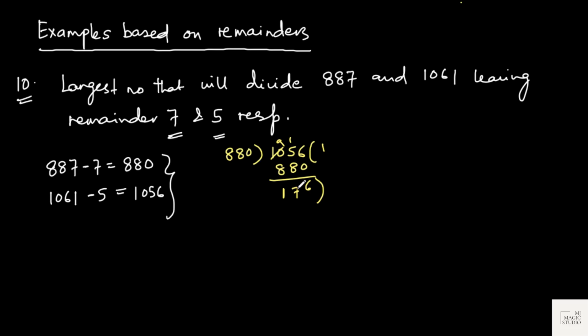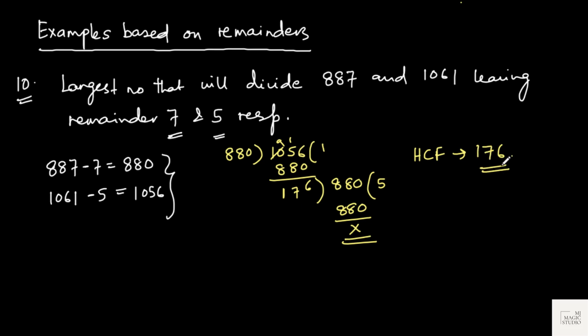Now divide 880 by 176. It will go 5 times. That means the HCF of these two numbers, 880 and 1056, is 176.